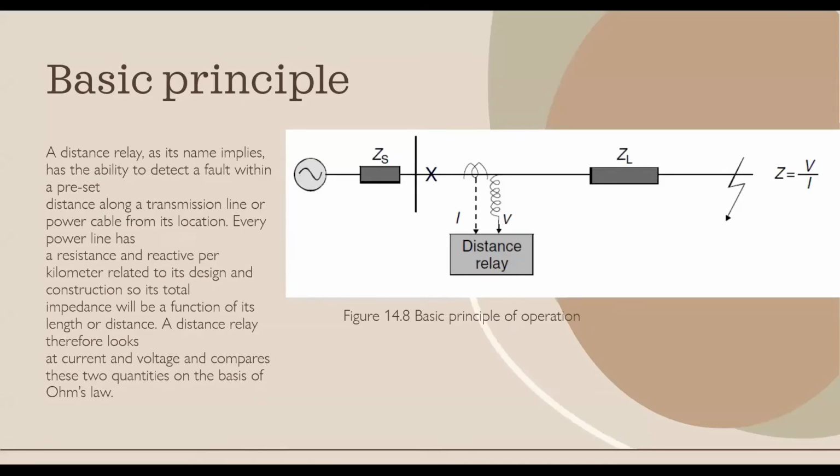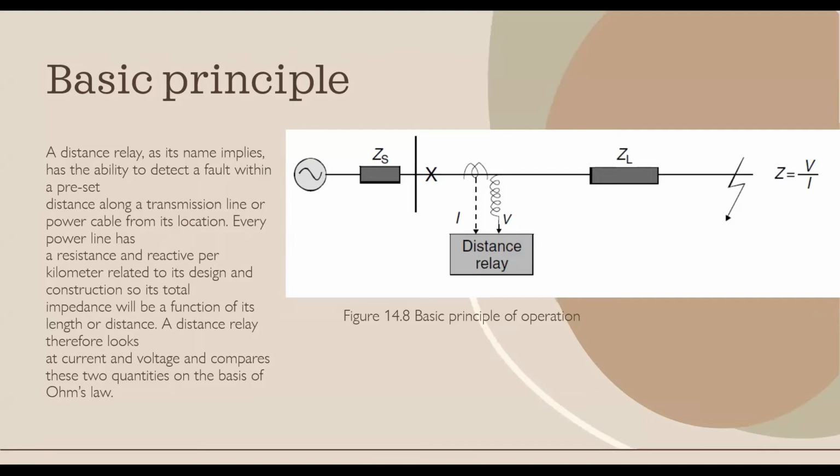A distance relay, as the name implies, has the ability to detect a fault within a preset distance along a transmission line or power cable from its location. Every power line has a given resistance and reactance per kilometer related to its design and construction.